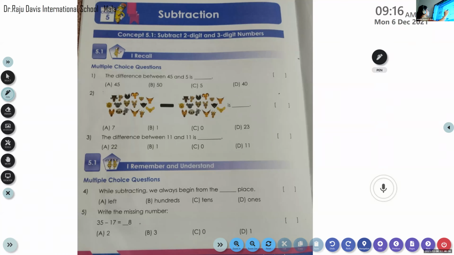Okay, so please read the first question. The difference between 45 and 5. Ma'am, the answer is 40. Yes, we have to subtract it, right?